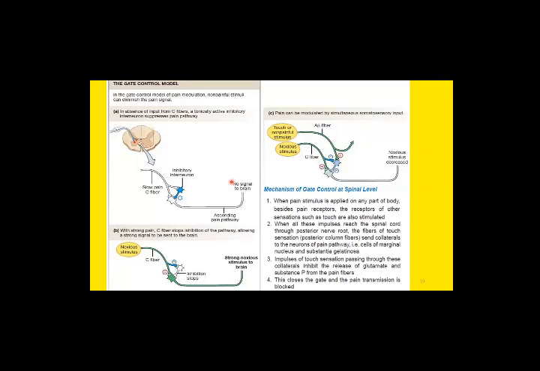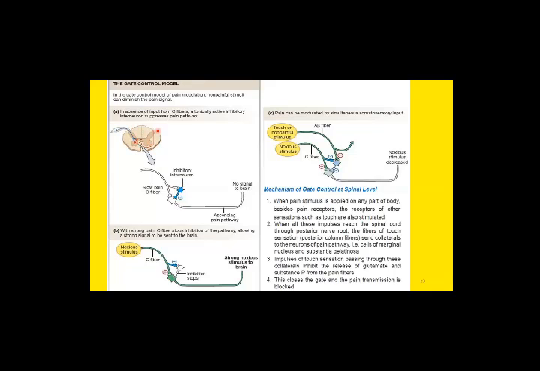Now this is the diagram. You can see the gate control theory. Whenever a painful stimulus is applied to any part of the body, other receptors besides the pain receptors are also stimulated. When all these impulses reach the spinal cord, the fibers of touch sensation send collaterals to the neurons of the pain pathway.